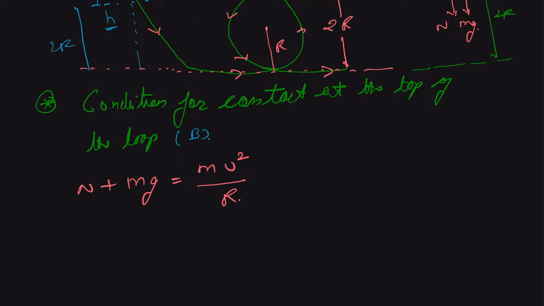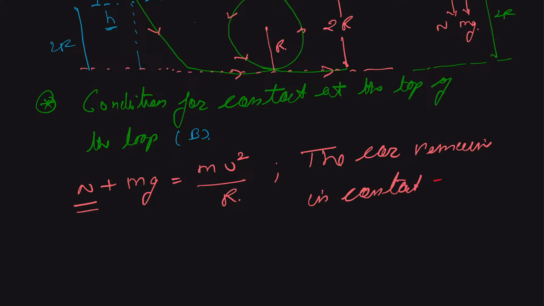And for just contact, we can say at the top of the loop the car just remains in contact when the value of the normal is equal to 0.